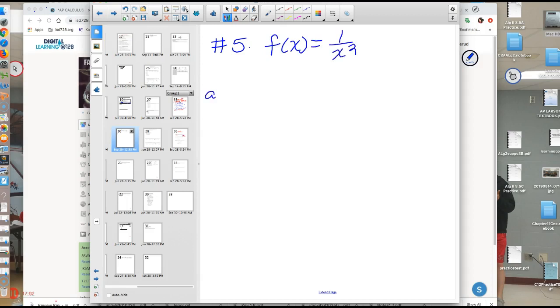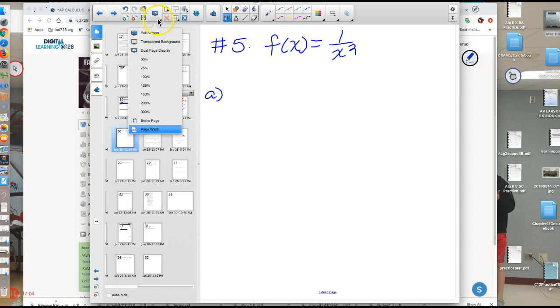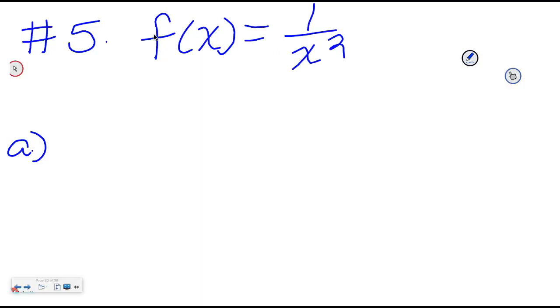For part A, let's blow this up a little bigger. I'm going to take the limit as h approaches 0, because I'm supposed to use the formal definition, and again, this is going to give me f prime of x, a function of x.